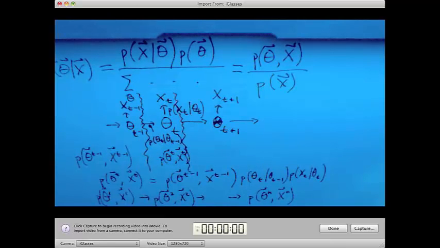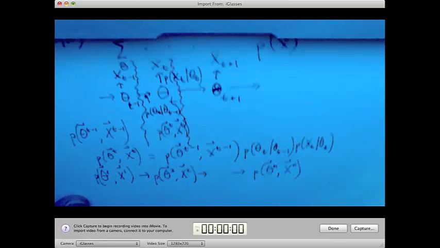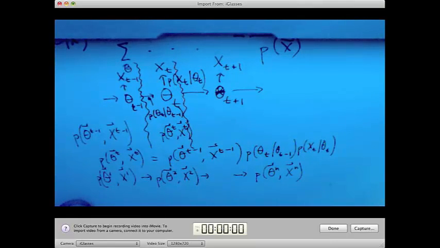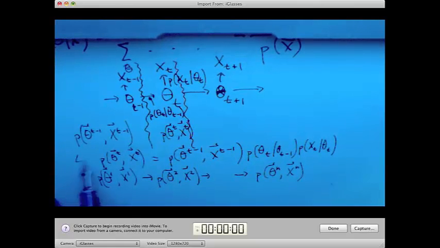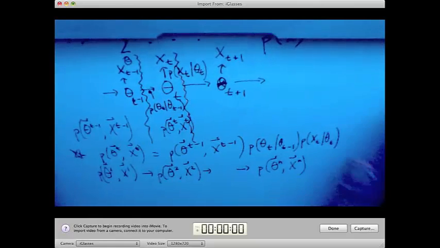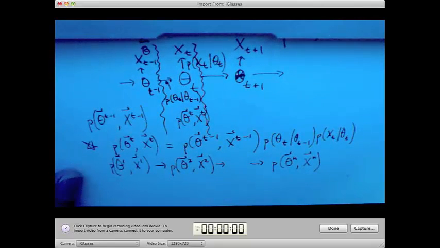So the next thing that I want to do here is, let's say I want to get rid of, in this step right here, let's say instead of calculating probability theta all the way up from theta 1 up to theta t, I just want to get the probability of theta t, that specific variable, to be in some state.